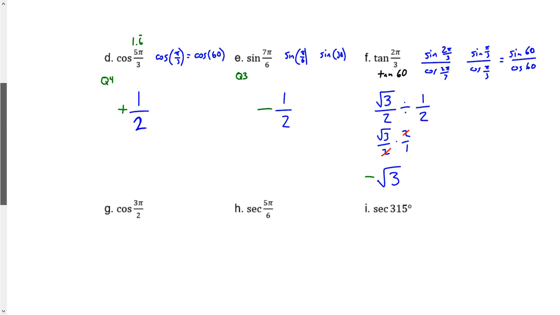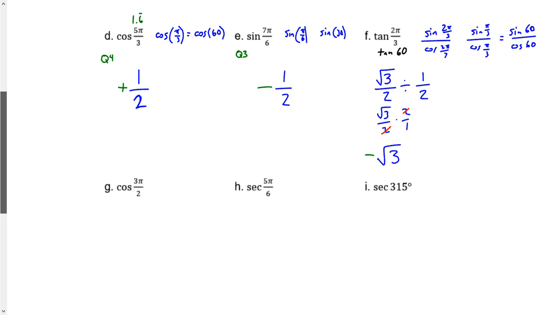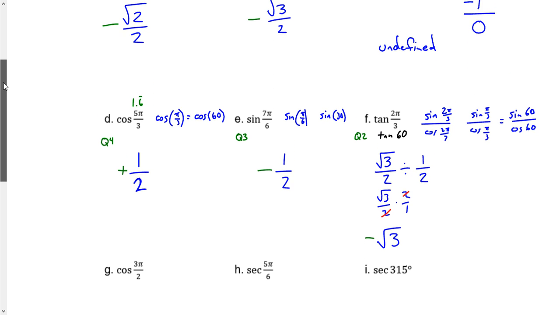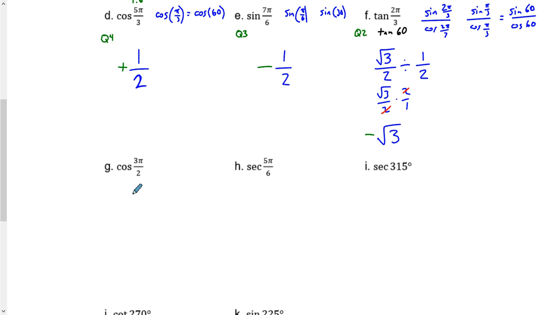So now that we got a little bit of a handle on this, we're doing pretty good. This means that we're in quadrant 2, so that's why we're dealing with the negative. I'm gonna cheat very slightly. 3 pi over 2 is right here. I know that the cosine of that 3 pi over 2 is 0. Actually, sorry.